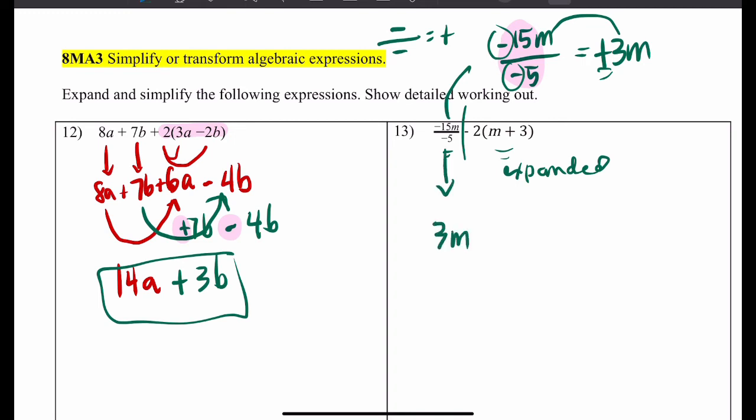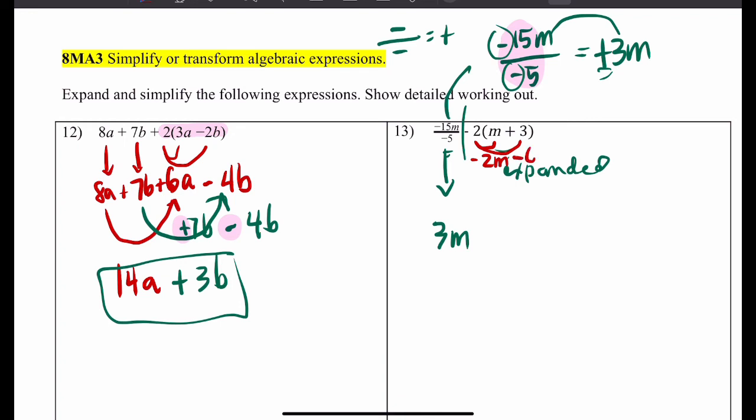Now let's expand this one. Negative 2 times m is negative 2m. Negative 2 times positive 3 is negative 6.